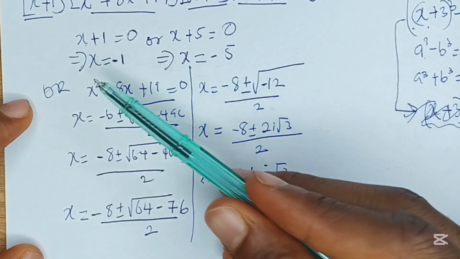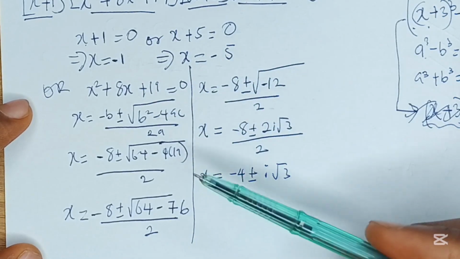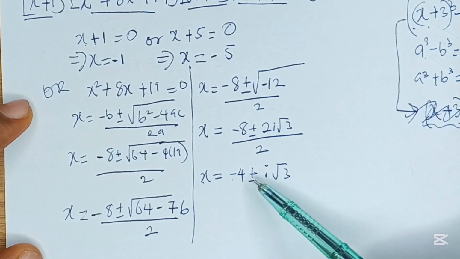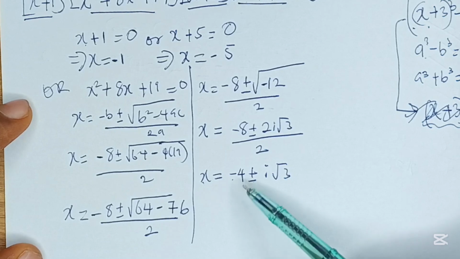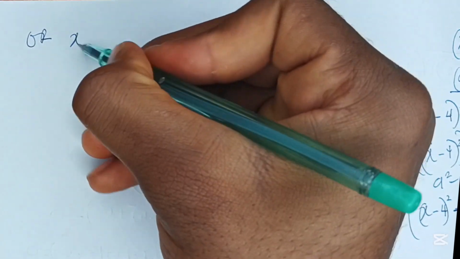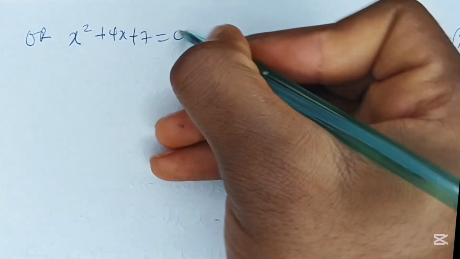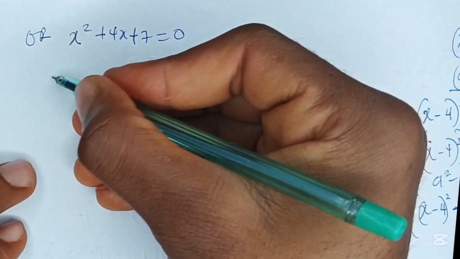So we've had x is equal to -1, x is equal to -5, and x is equal to -4 plus or minus i root 3. Or x^2 + 4x + 7 = 0.